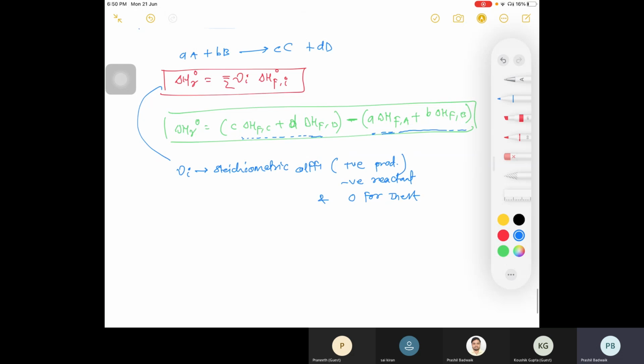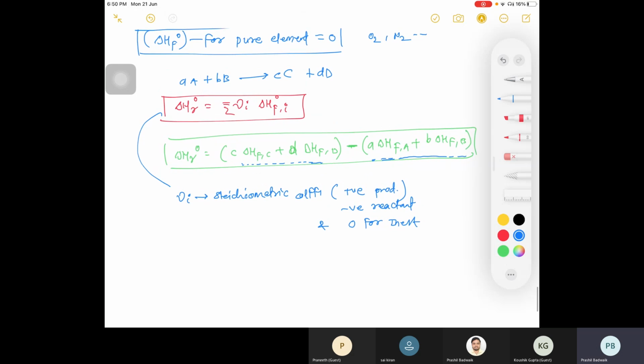Whenever you are writing your reaction, this is the enthalpy of reaction, right? Enthalpy of reaction can be calculated using the compounds that are taking part in your reaction, reactants or products.